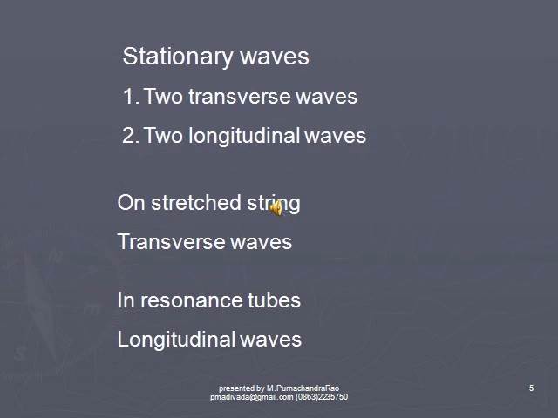Stationary waves can be produced by the superimposition of either two transverse waves or two longitudinal waves.